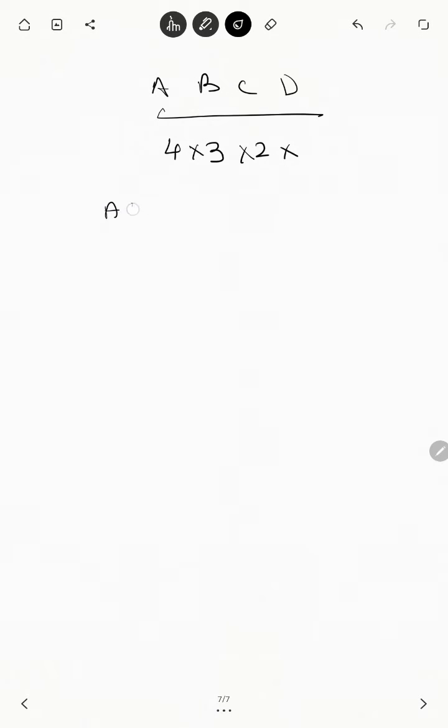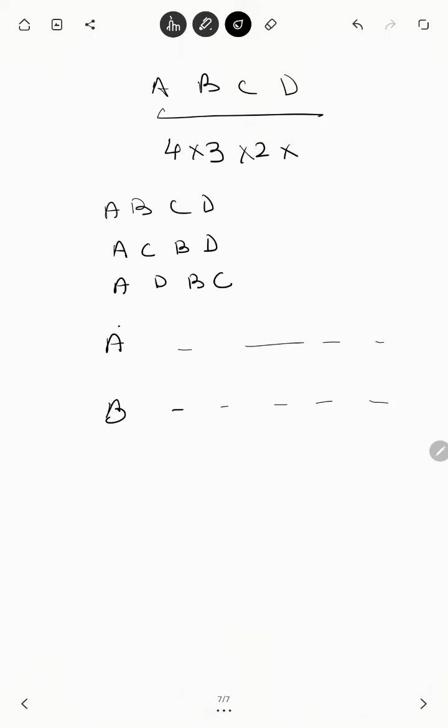We can write ABCD, ACBD, ADBC. For this place we have 4 choices. We can take all of A's arrangements, all starting with B, with C, with D. So how many will this be? 24.